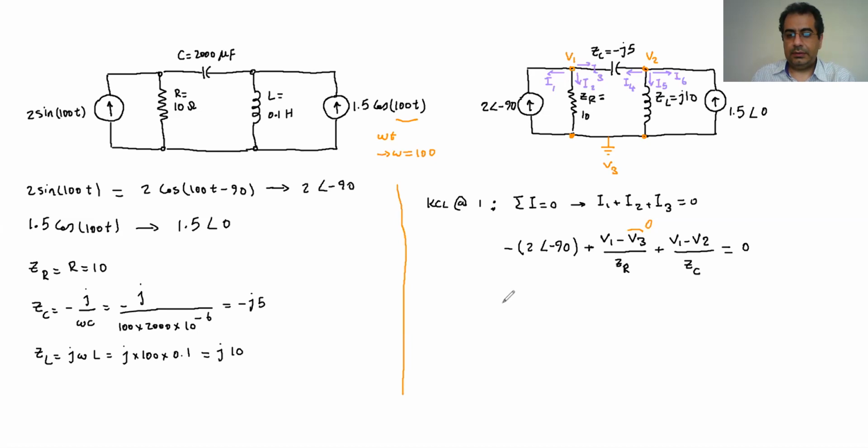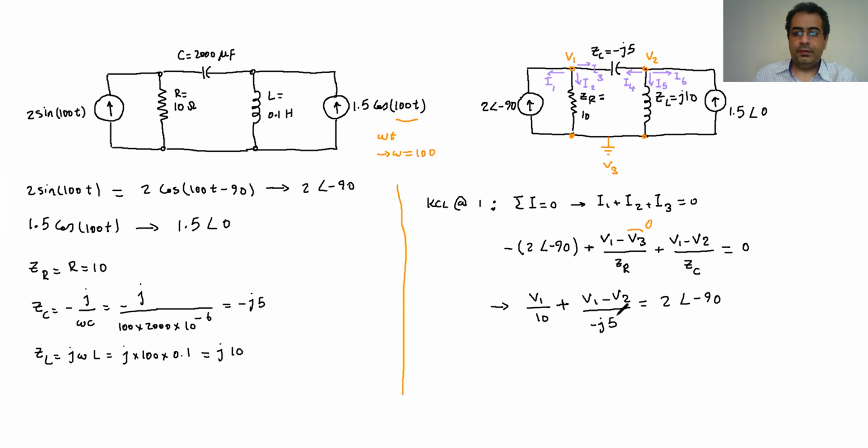So I can move this to the other side. I'm going to have V1 divided by 10 plus V1 minus V2 divided by ZC, which is negative J5, equal to 2 with angle negative 90.